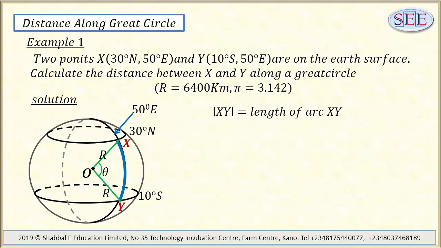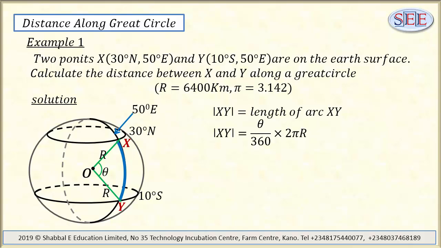Case 1, remember, the two points X and Y are in opposite hemispheres. One is north, the other one is south. We write the formula for finding the length of arc, which is theta over 360 multiplied by 2 pi R, where R is capital R. So we now get theta. In case 1, if the two are in opposite hemispheres, we add their latitudes.